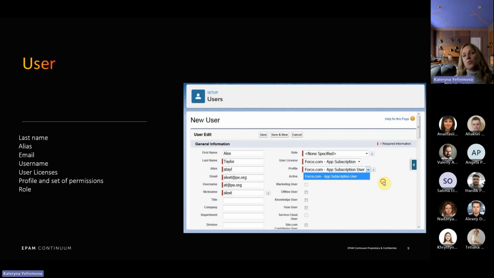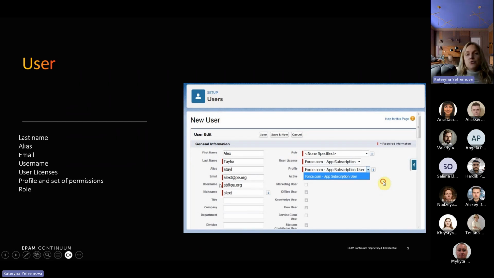So when we're going to work with Salesforce and someone asks, we need new users, or we want to create a user list, this information absolutely has to be gathered. Name and last name, we have it. Alias could be generated by the system. It's usually some letters of your name and last name.